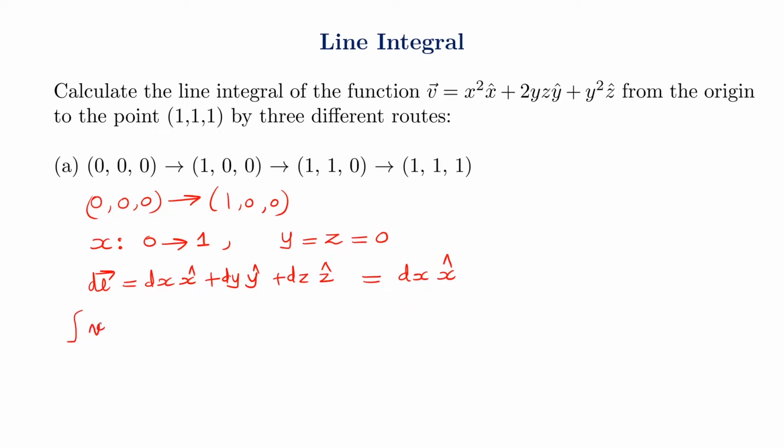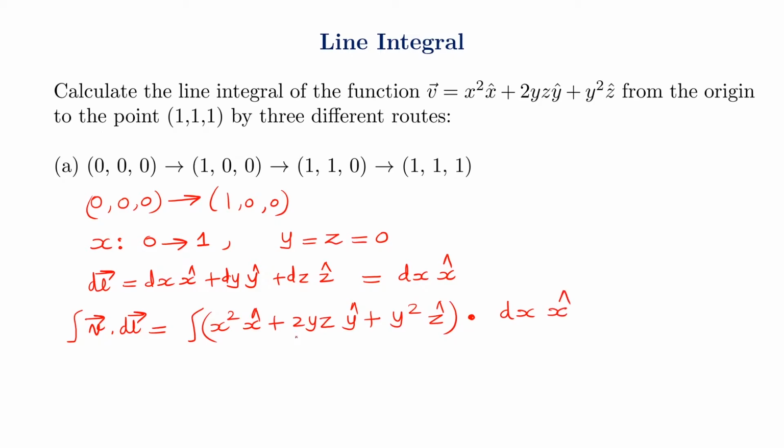Now when we calculate the line integral of v dot dl, this will be equal to integral of x square x hat plus 2yz y hat plus y square z hat, dot dx x hat. So this is equal to integral 0 to 1 x square dx, which is equal to x cube divided by 3 from 0 to 1, and this is equal to 1 by 3.